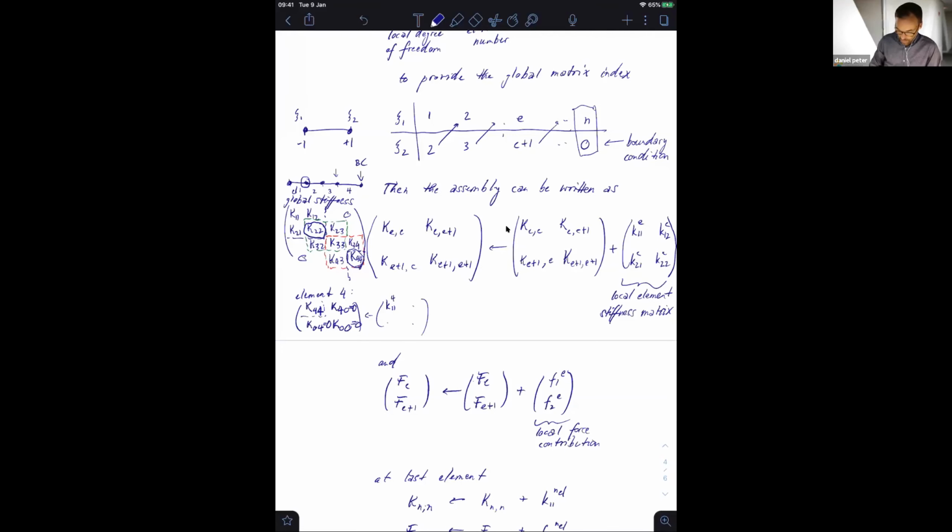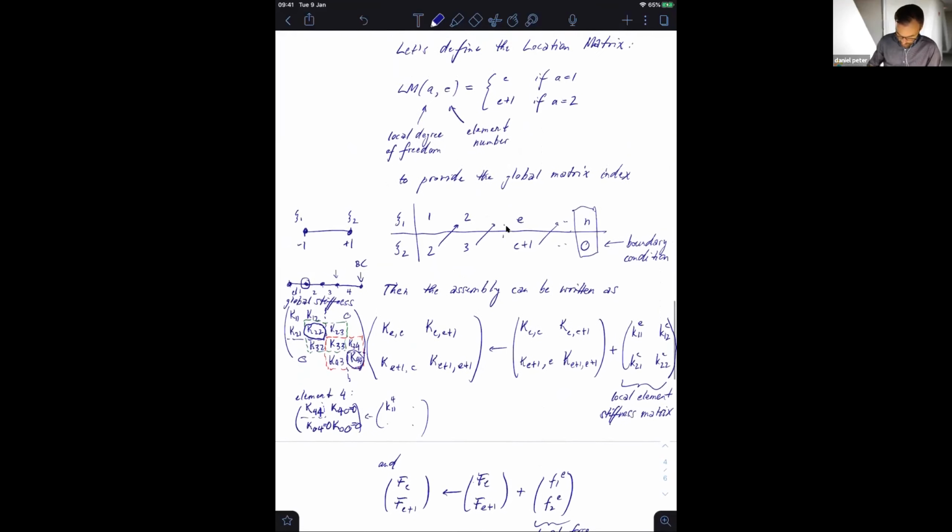So it looks a bit complicated at the beginning, this location matrix and the way we assemble things.